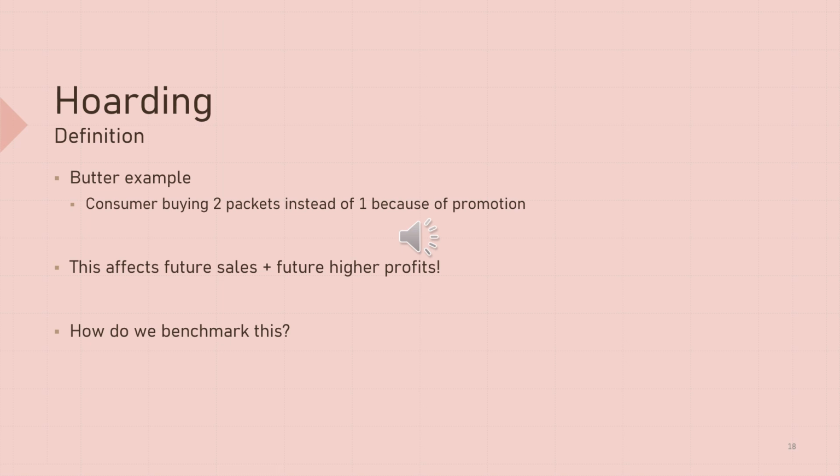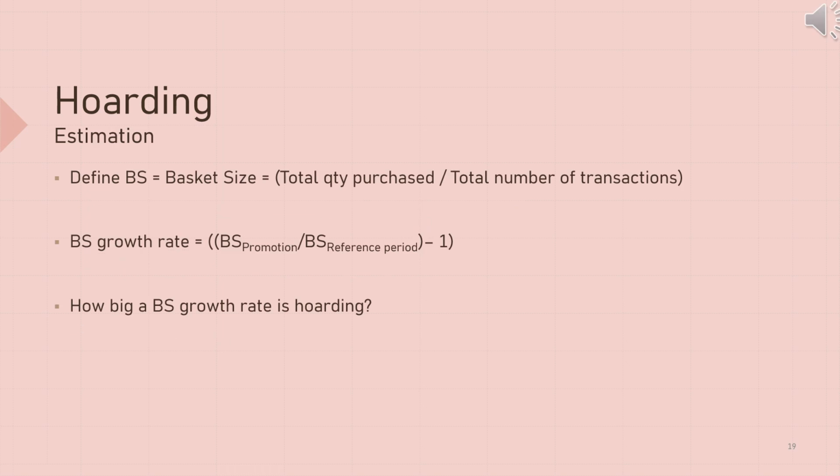So this slide basically explains what I explained in the last slide. If consumers buy 2 packets instead of one because of promotion, then that affects our future profits, and we need a way to benchmark this. How do we benchmark this? We look at the basket size growth. Let's define BS as basket size, which is total quantity purchased divided by total number of transactions.